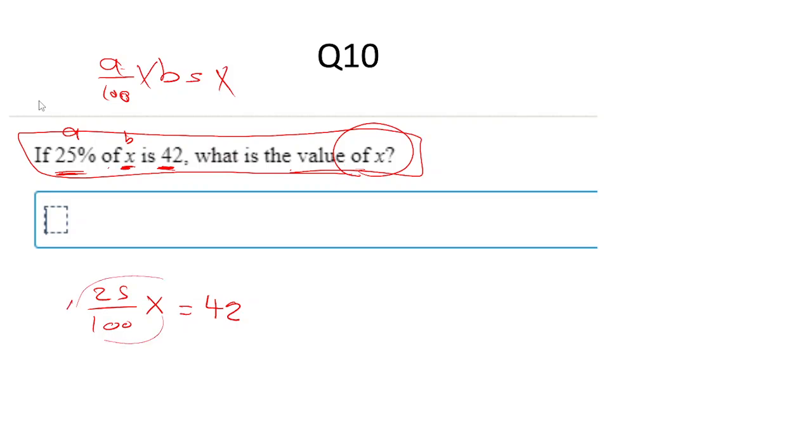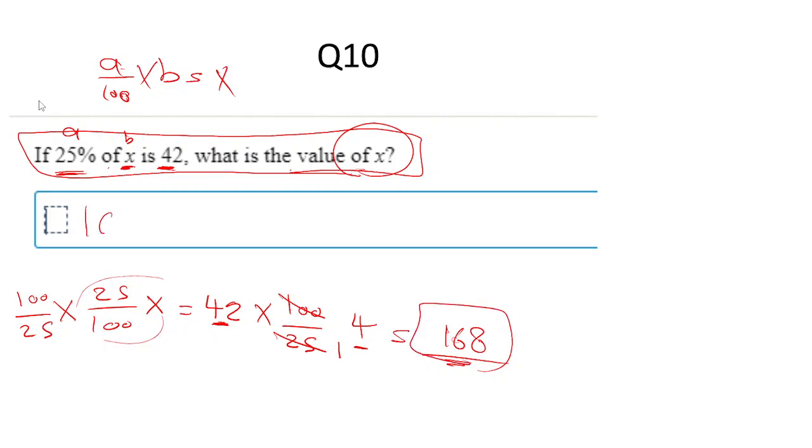To get X, I have to take care this time: multiply by 100 over 25. Simplify: this one is 1, this one is 4, then 42 multiplied by 4 is 168. This is the answer, 168.